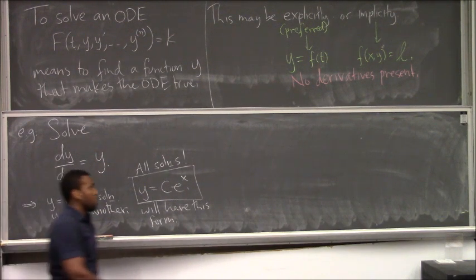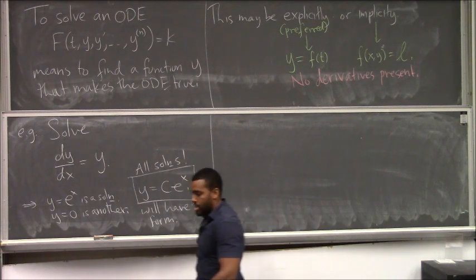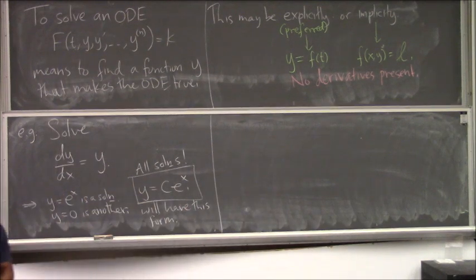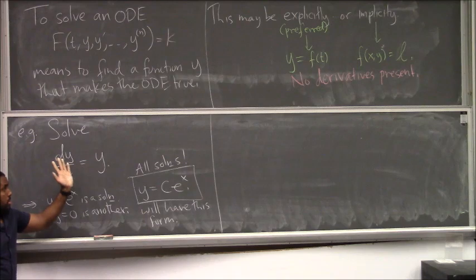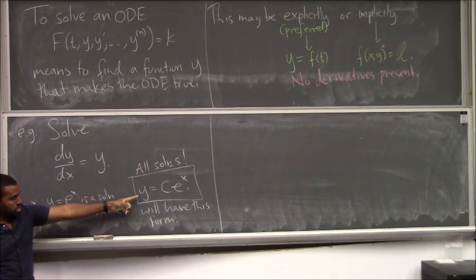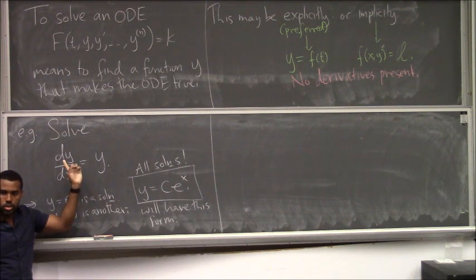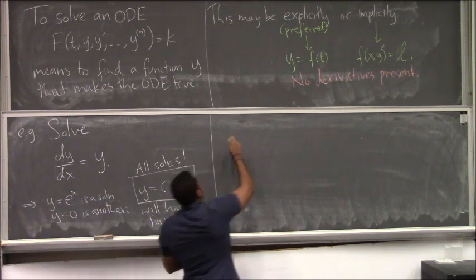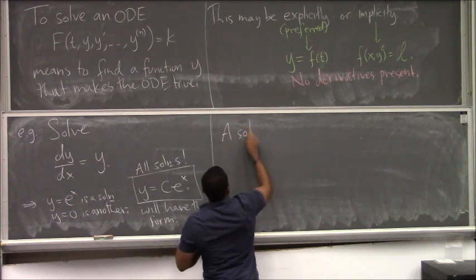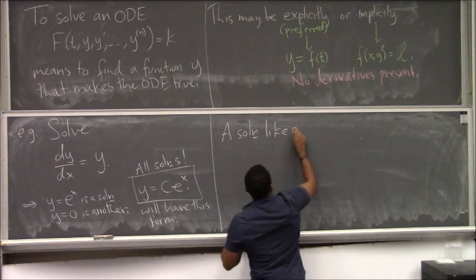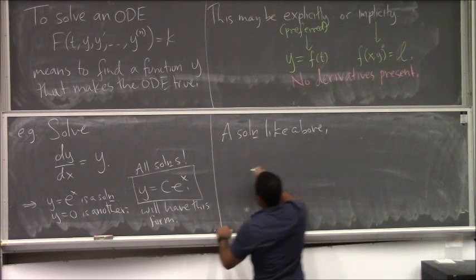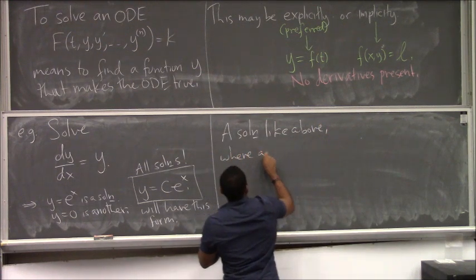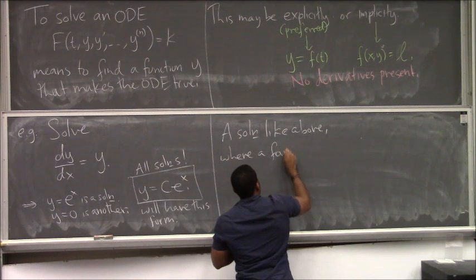Now, that's an exercise in linear algebra, which is kind of why I want you to know about linear algebra a little bit. But that's key. This actually represents all solutions. Now, notice there's actually an infinite number of functions that solve this equation. So a solution like above, where a family of solutions solves a differential equation.